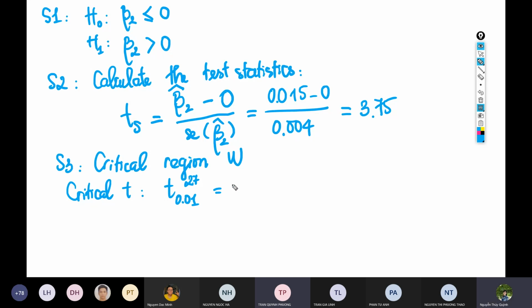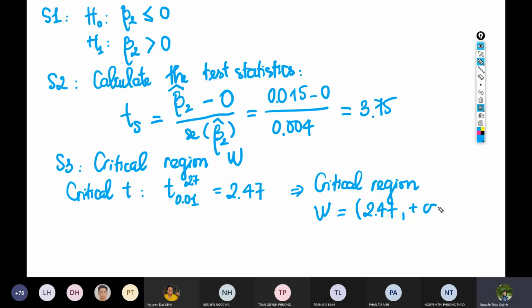Just look for the value in Excel. It equals 2.47. So what is our critical region? The critical region is 2.47 to positive infinity.